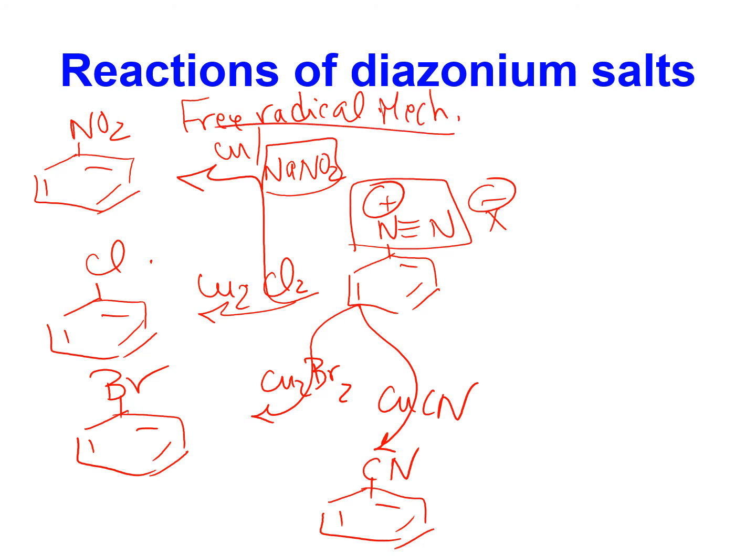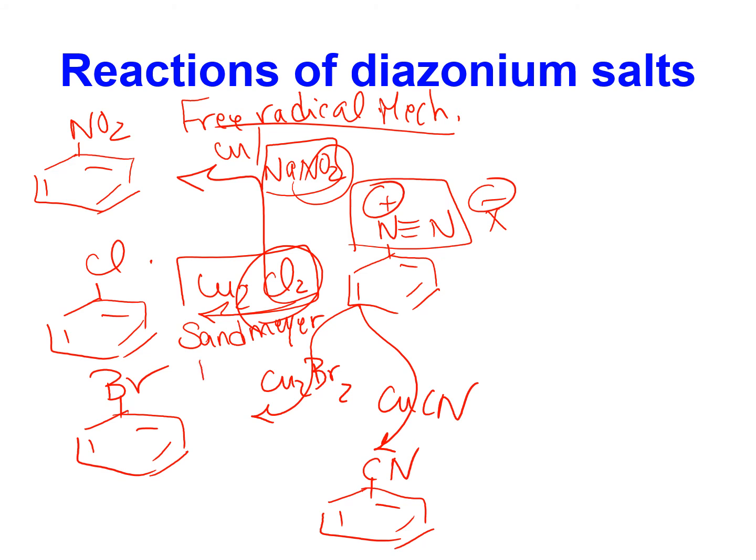Whenever you are reacting a diazonium salt with copper and replacing the azo part by whichever group is attached to the copper or whichever salt you're using, this is what we call a free radical mechanism. In the case of cuprous chloride specifically, this is a name reaction called the Sandmeyer reaction.